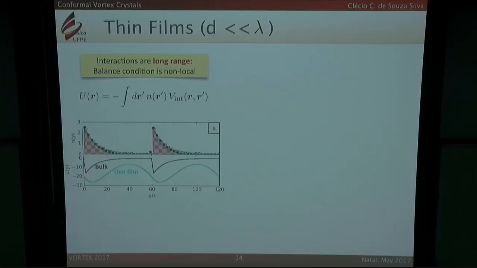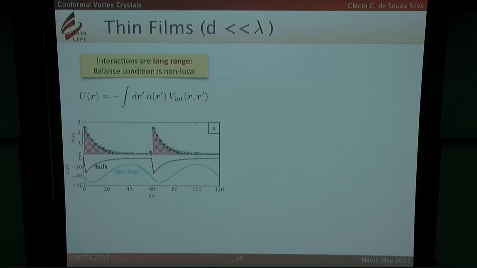Okay, so those results were for bulk superconductors. What if you have a thin film and vortices interact long range? If vortices interact via a long range potential, you have to consider the full non-local character of this equation. So you need to put the interaction potential here and perform the integration.